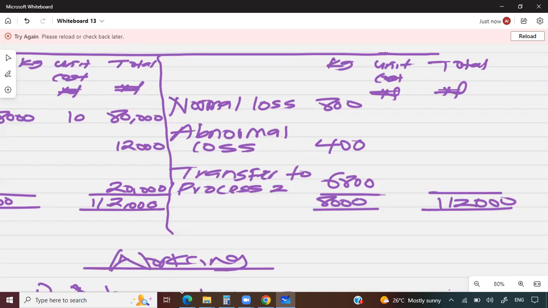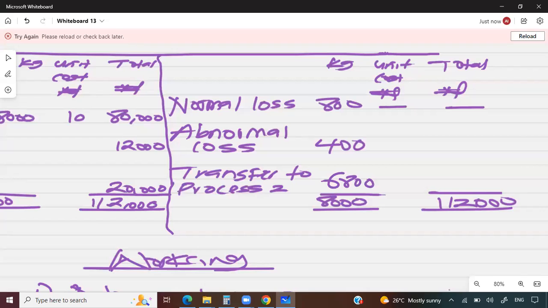This normal loss of 800 kg, maybe there are times when you can sell it like scrap. But now this is a loss where no value is given, because we are not realizing any amount from this 800 kg.